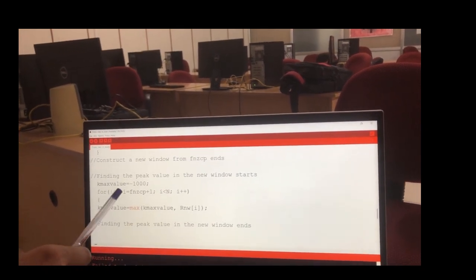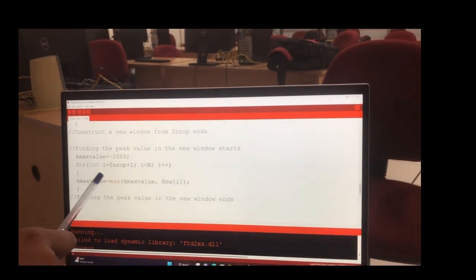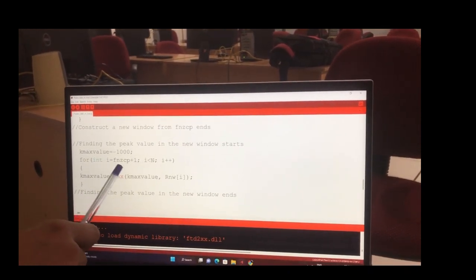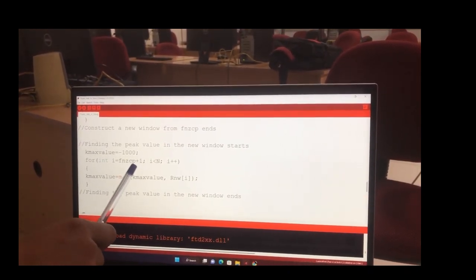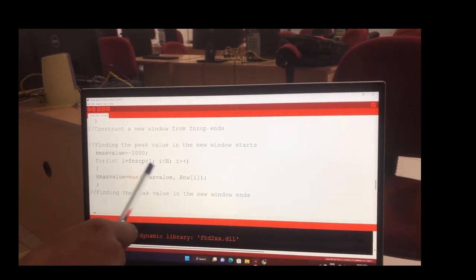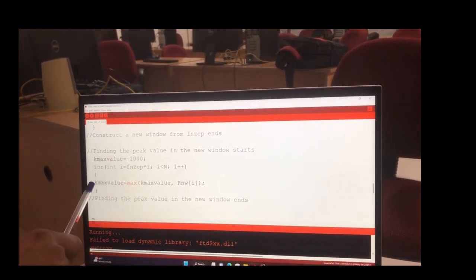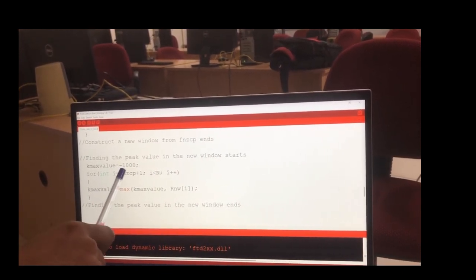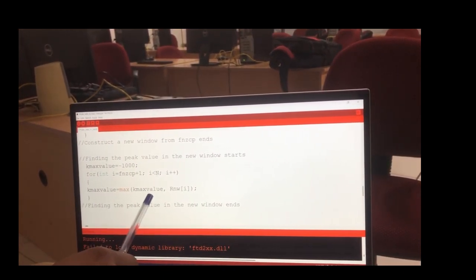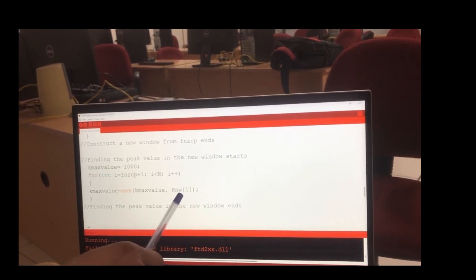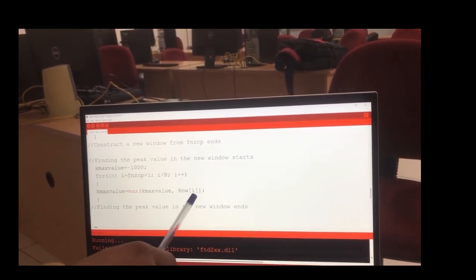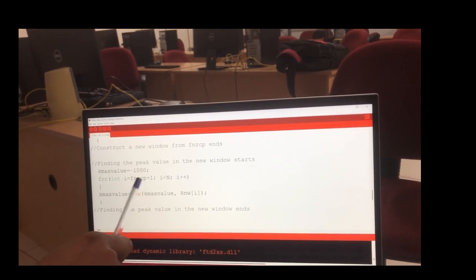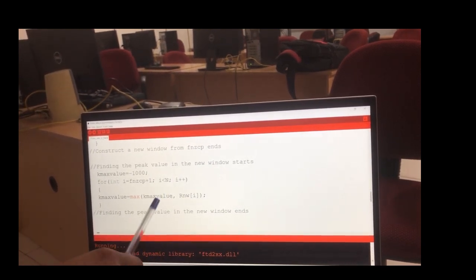So how to find the second peak? Simply we are keeping the maximum value as minus 1000, and then we are using the for loop with first negative zero crossing point plus 1 up to n, and then we are finding the k max value. This k max value is nothing but the second peak value. Initially the k max value is minus 1000, and then the first sample after the first negative zero crossing point is compared to the k max value.